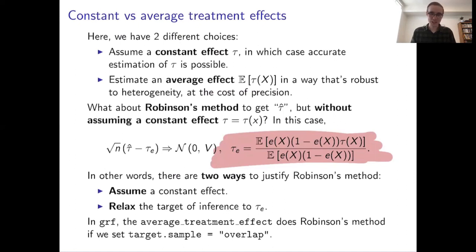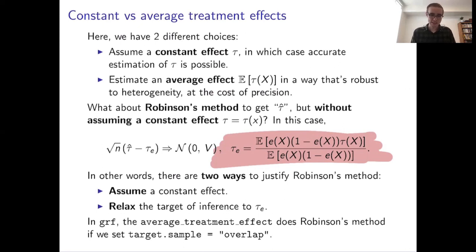in the literature, you can think of two ways to justify Robinson's method. It can either be a method that takes the assumption that the treatment effect is constant very literally, and then just tries to estimate that tau in an efficient way. Or you could relax. You could say you essentially think that the treatment effects are almost constant, and given these assumptions, you're going to run this method.